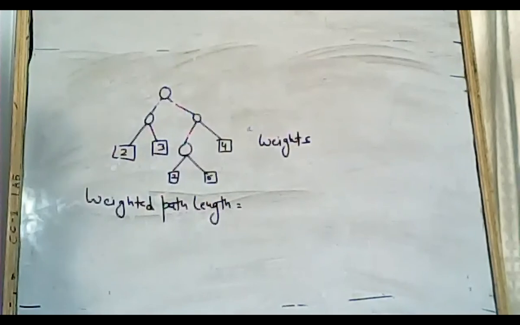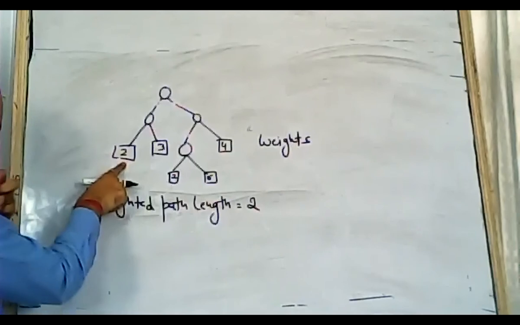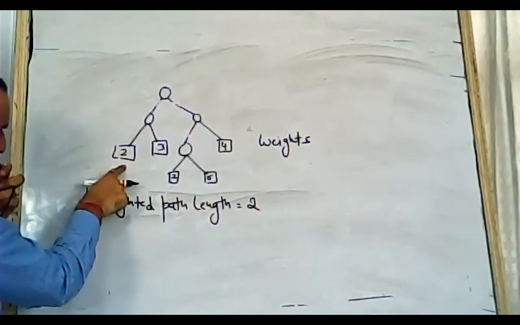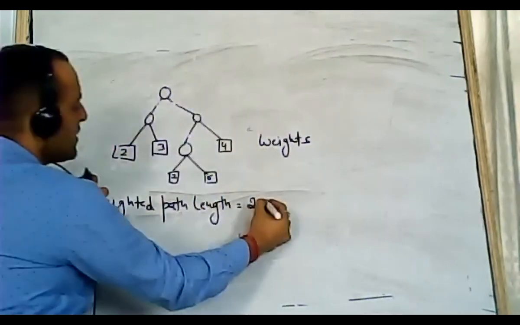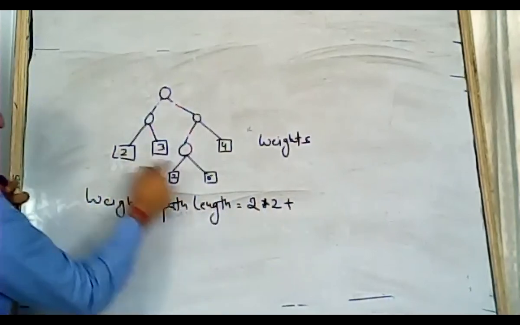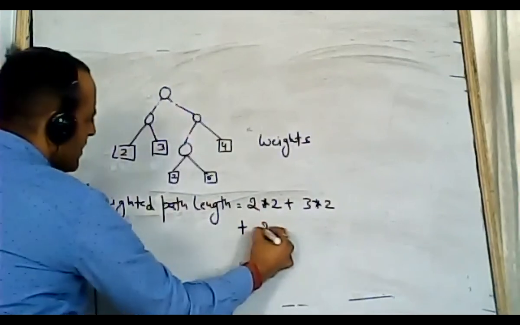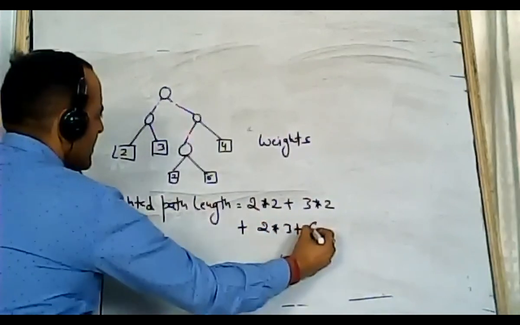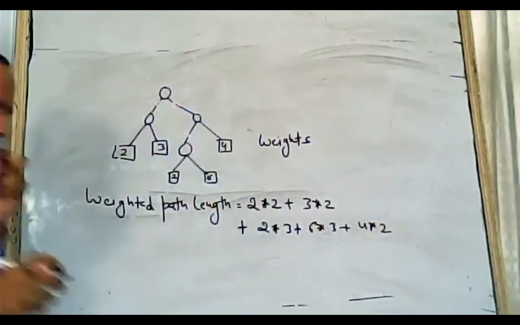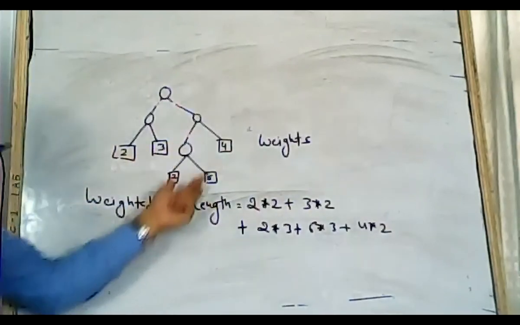The first node is 2 into number of edges towards the root 2, plus 3 into 2, plus 2 into 3, plus 6 into 3, plus 4 into 2. So this is the value of the weighted path length, because these are the weights which are given to me.